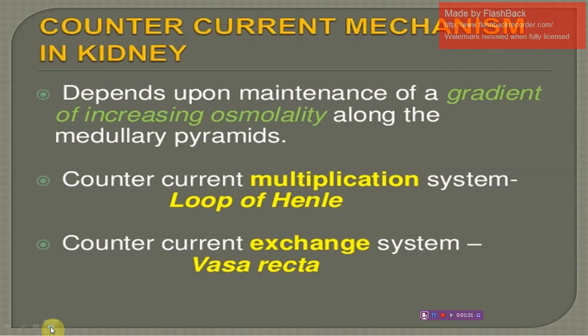Now, the countercurrent mechanism of kidney depends upon maintenance of a gradient of increasing osmolality along the medullary pyramids. Countercurrent multiplication system is in the loop of Henle, and countercurrent exchanger system in the vasa recta.